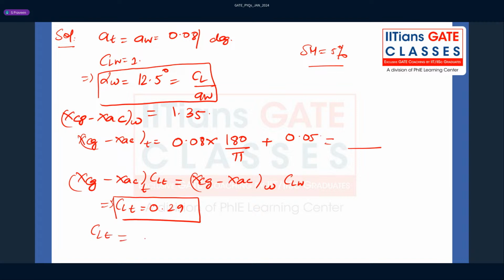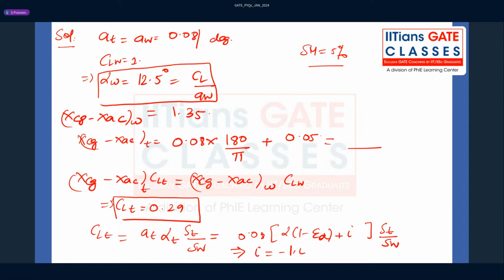I can write it as AT times alpha T times ST by SW. So AT is given, which is 0.08 per degree, times alpha T, which is alpha times 1 minus epsilon alpha plus I. This I is to be determined, times ST by SW. So solving for I, substitute all the values in here, you will get I as minus 1.4 degrees. Right? Hope you guys understood this.